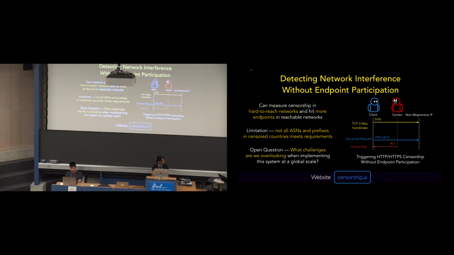The part was your non-represented IP address do not get blocked by the censor in the form of collateral damage. Collateral damage from outside of a different country? Yeah, so Ram is going to elaborate more. Sorry, I think my question was, you're trying to trigger censorship on a non-responsive IP address from outside the country, but like you mentioned, these IP addresses could be connected to clients within the country.